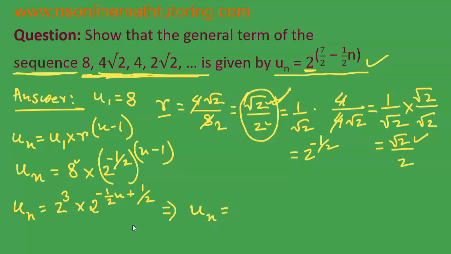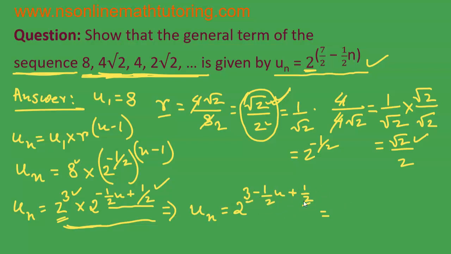So this un should be equal to, now I'll be applying the law of indices. A to the power of m times a to the power of n, where a is equal to 2, m is equal to 3 and n is equal to this whole expression. This should be equal to a to the power of m plus n. So this is equal to 2 to the power of 3 minus half n plus half, which is equal to, I'm combining 3 and this half. 3 plus half is 3.5.